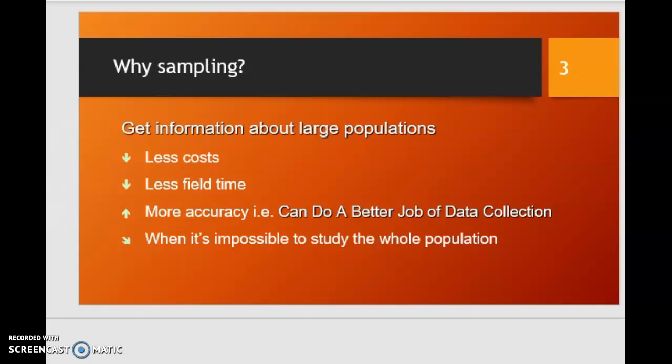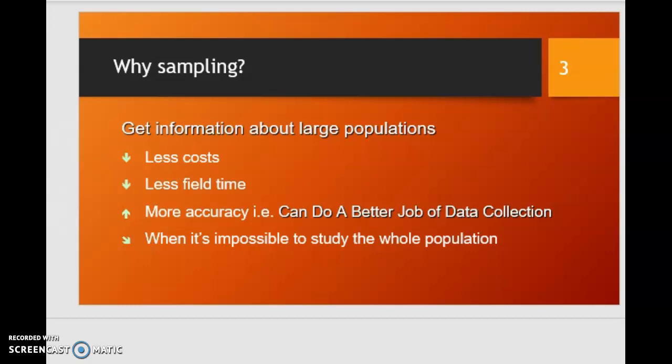If you have, let's say, 20 students in a class that you want to use for a study that focuses on that particular class, then yes, that would be the population for that study.